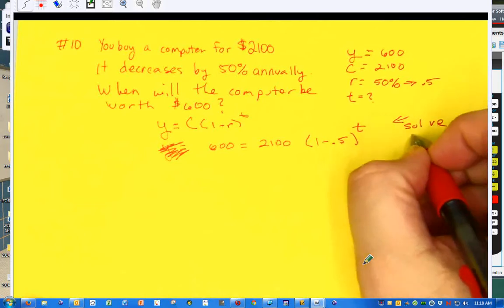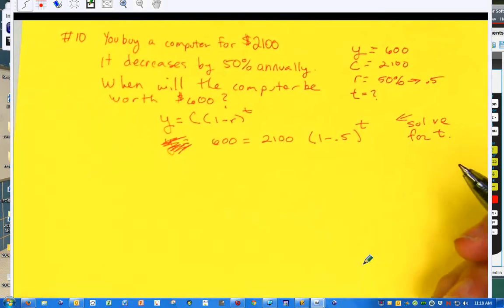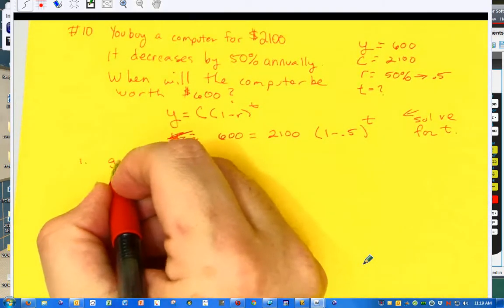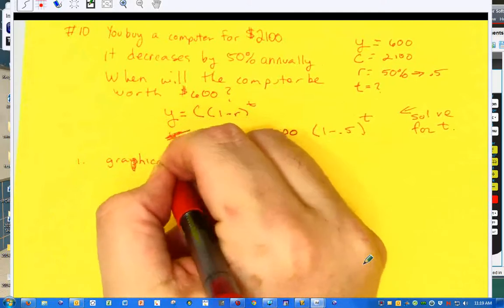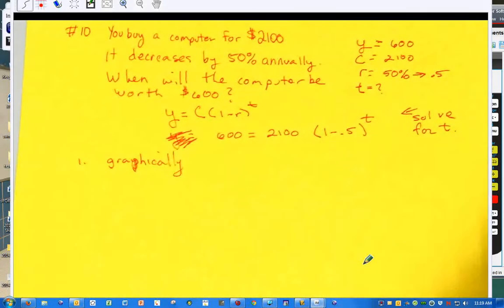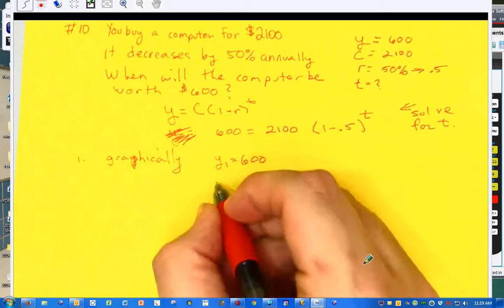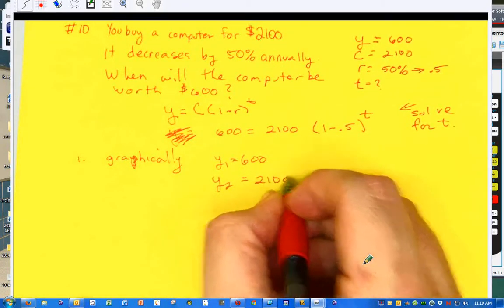Now, there are two ways you could go about doing this. One is graphically, where we can take y1 is equal to 600, and then y2 is equal to 2,100 times 0.5 to the x in the calculator.